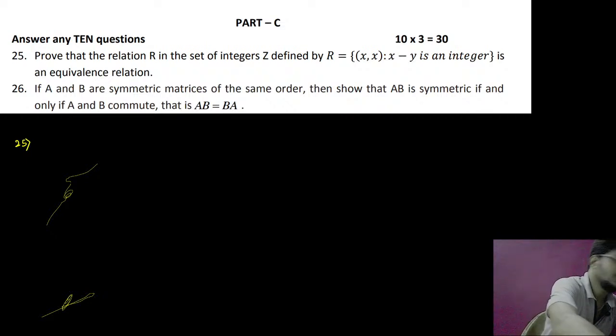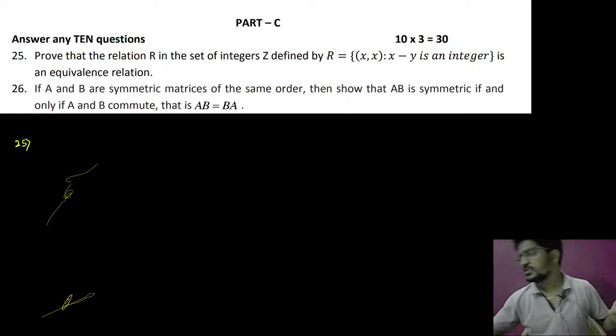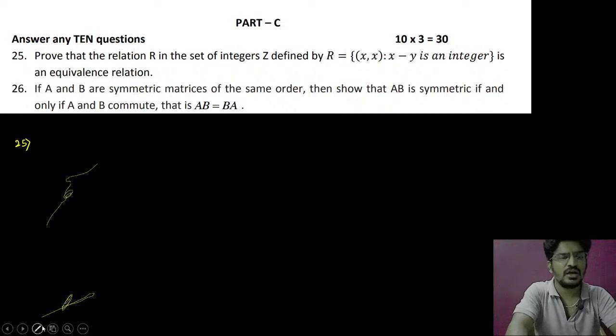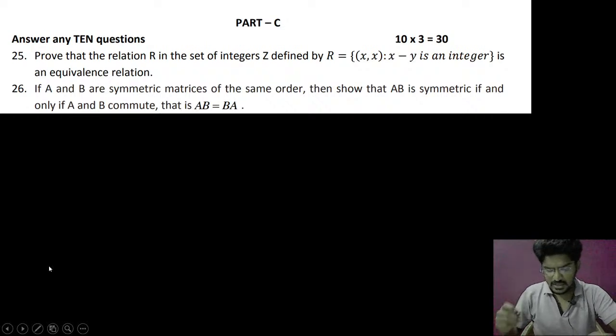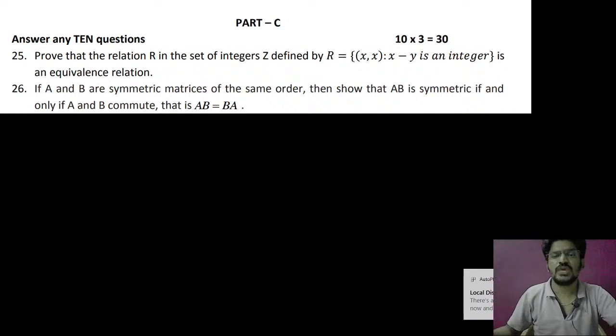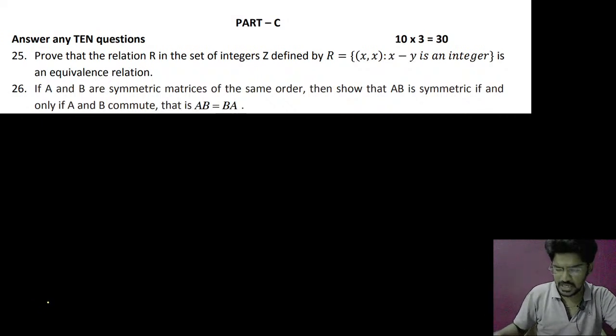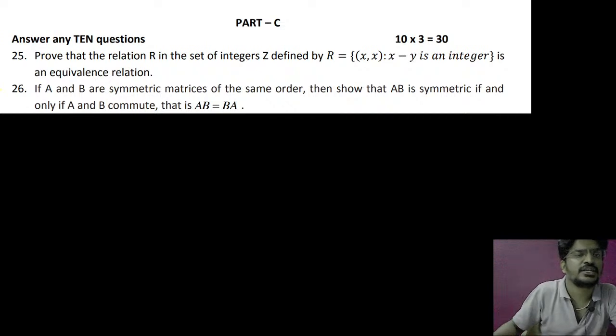So first we have to prove it is reflexive, next symmetric, and last transitive, so that it is an equivalence relation. Clear? So quickly we can go through it. That is problem number 25.